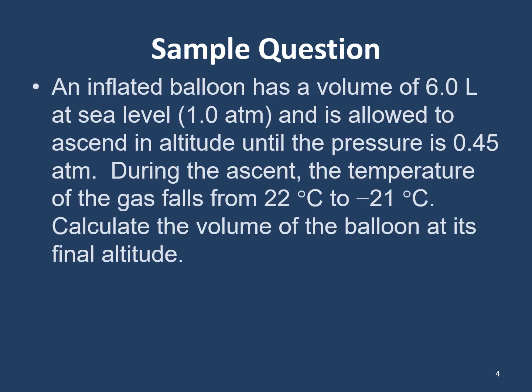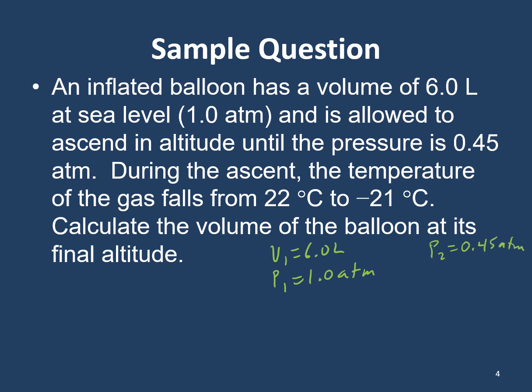So let's do a sample problem. We have an inflated balloon that has a volume of 6 liters, so our V1 is 6.0 liters. At sea level, our pressure is 1 atm, so we know our P1 is 1.0 atm. It's allowed to ascend in altitude until the pressure is 0.45, so now we have P2 is 0.45 atmospheres.